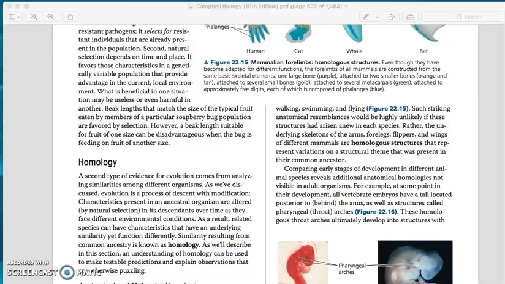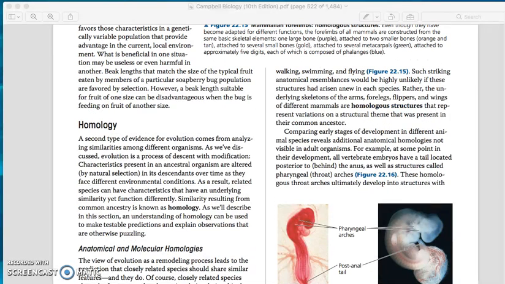what makes species homologous. Comparing early stages of development in different animal species reveals additional anatomical homologies that are not visible in adult organisms. For example, at some point in their development, all vertebrate embryos have a tail located posterior to the anus, as well as structures called pharyngeal throat arches.